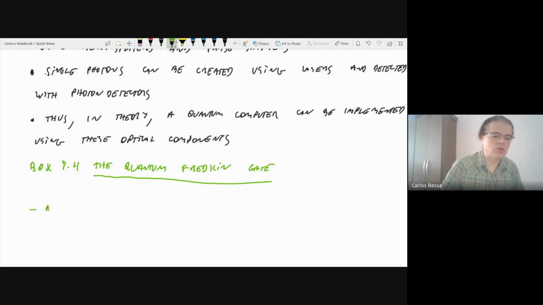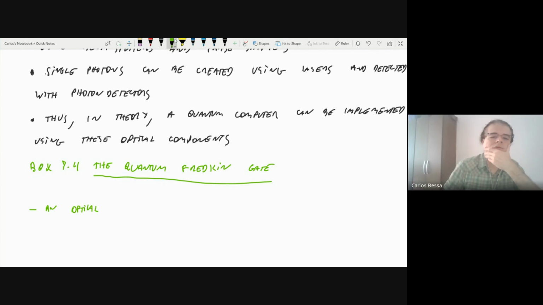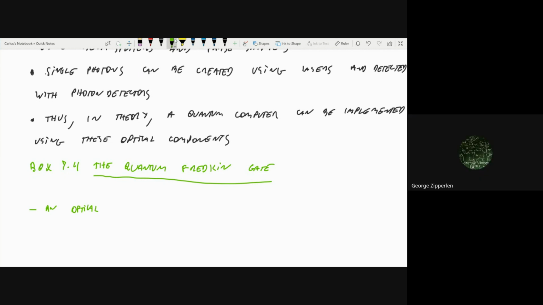I think an important point is that classical computing, mostly what's used, is not reversible. Once you've done an operation, you can't undo it easily.